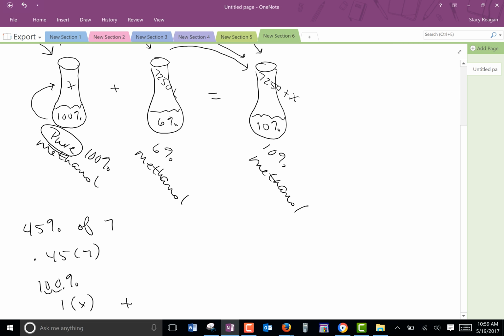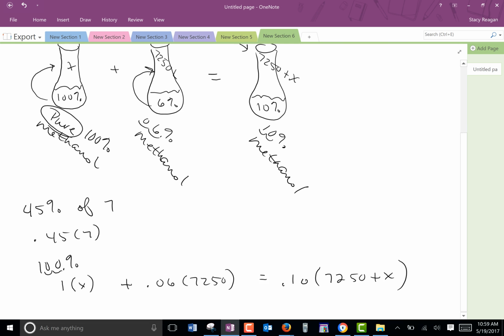In this other one, I would do 0.06 times 7,250, and that would give me my percentage. In the last container, I would have a 0.10 because I moved my decimal 2 places, and I would have 0.10 times 7,250 plus x. Now you should be able to solve that equation, but we're going to go through it anyway.